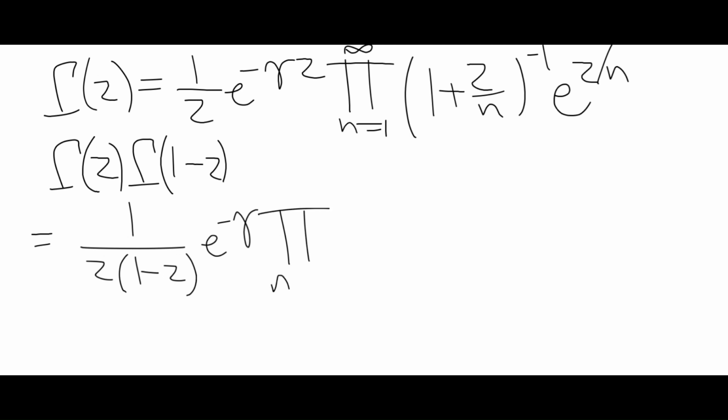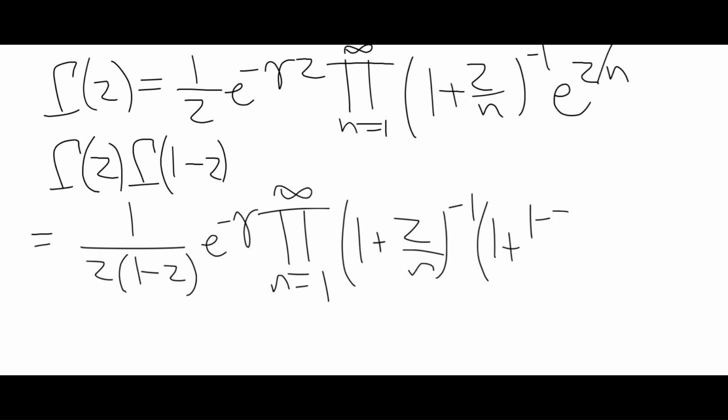And now we have a product of 1 plus z over n inverse, 1 plus 1 minus z over n inverse. And now z over n and 1 minus z over n add to 1 over n. So this becomes just e to the 1 over n. Now let's see what this gives us.